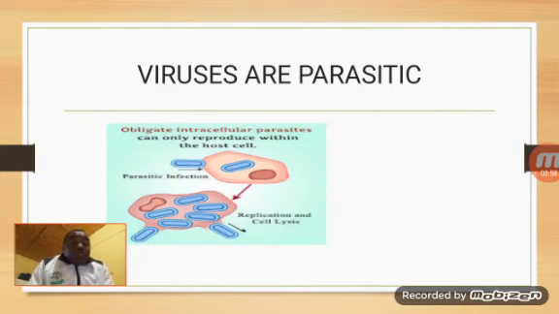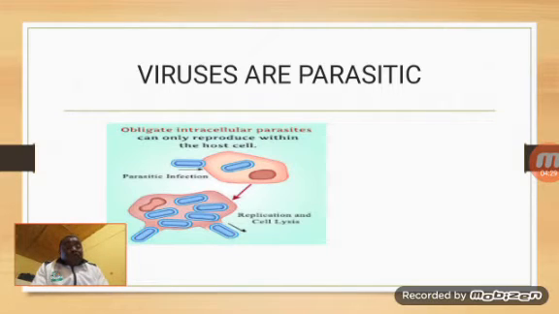A virus does not grow, a virus does not excrete, a virus does not feed, a virus only reproduces. Out of all seven characteristics, a virus only carries out one, which is reproduction. In order to reproduce, they need to invade a host cell, which is a living cell, and then they take over the activities of this cell in order to reproduce. In this process, they also kill the host cell.